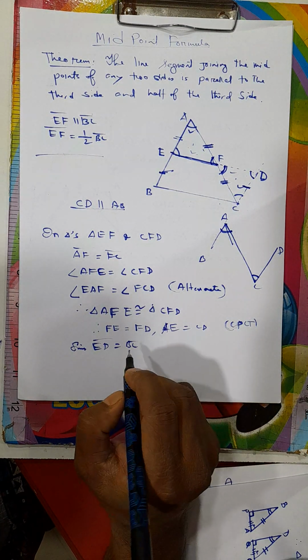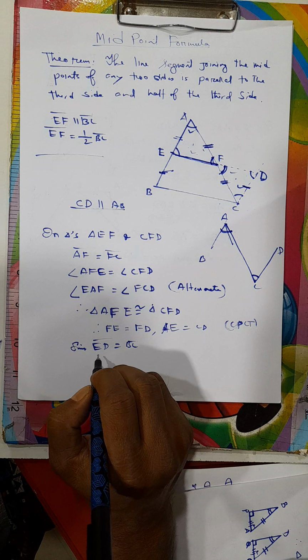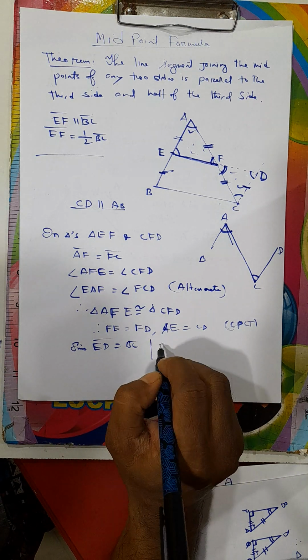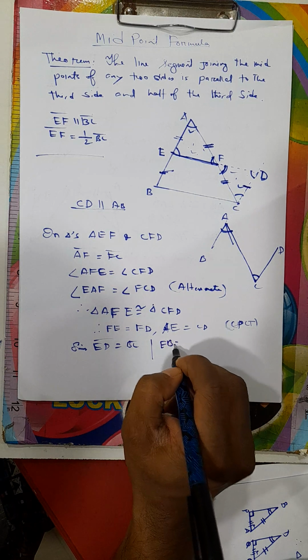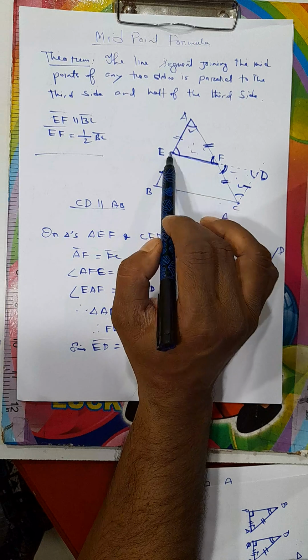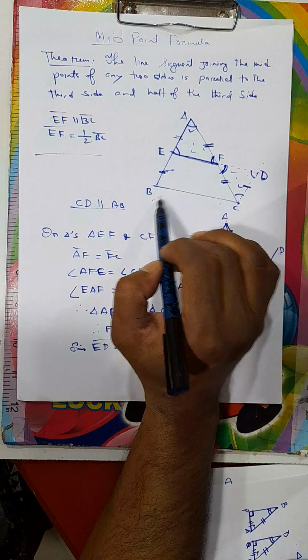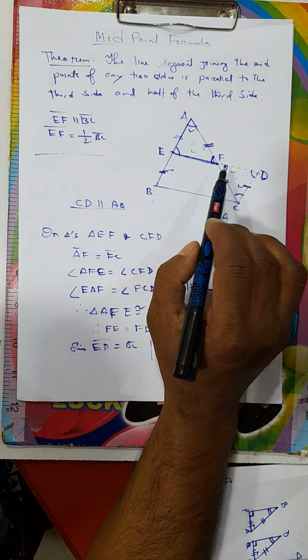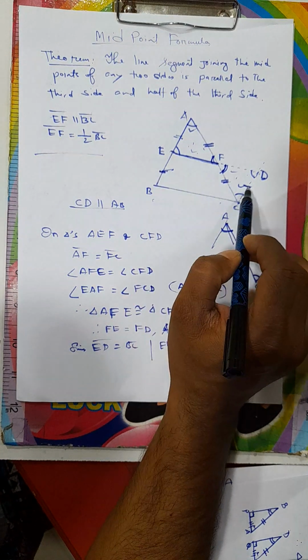AE equal to CD means EB equal to CD. Since E is the midpoint, AE equal to CD means EB equal to CD. Then again you find that these two are parallel.